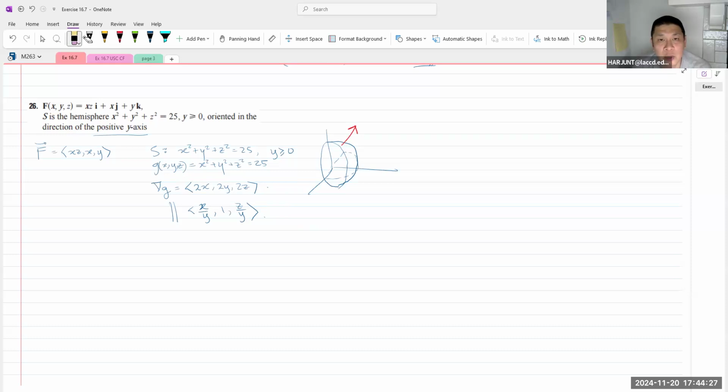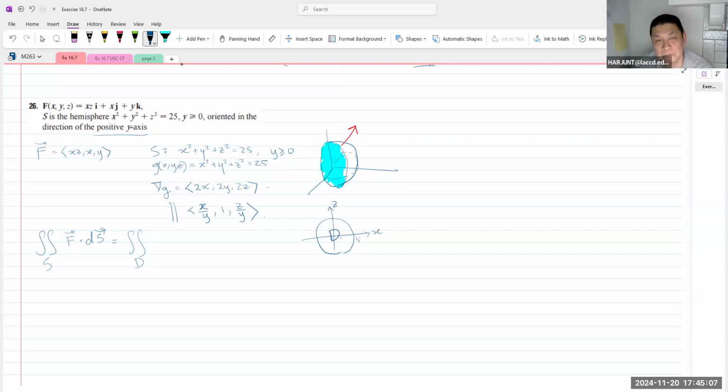Well, but it's parameterized by x, y, z already. Okay, so the double integral over surface S of F dot dS is equal to, if I do the dot product, the double integral over D, so the D is now here, this on the xz plane, with radius 5, right?